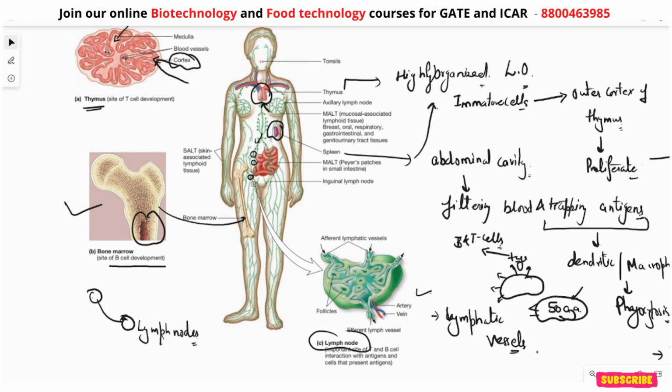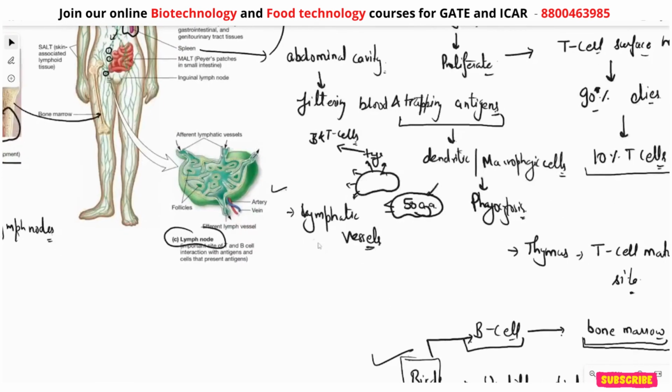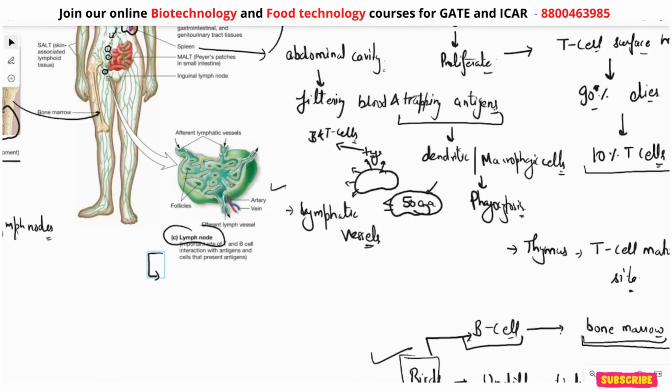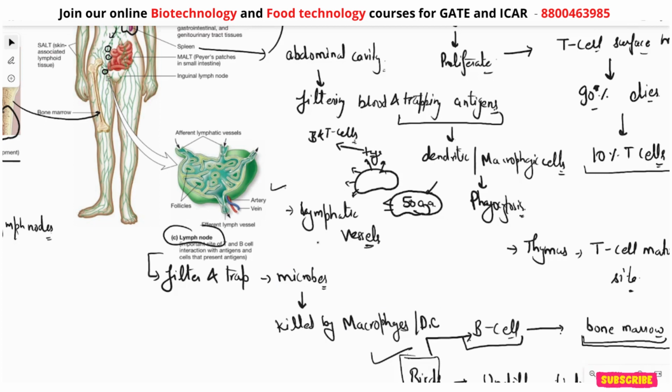The function of the lymph node is again to filter and trap microbes, and these microbes are then killed by macrophages and dendritic cells present in the lymph nodes.